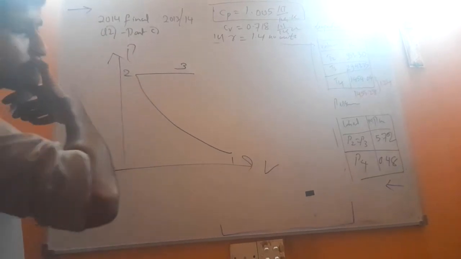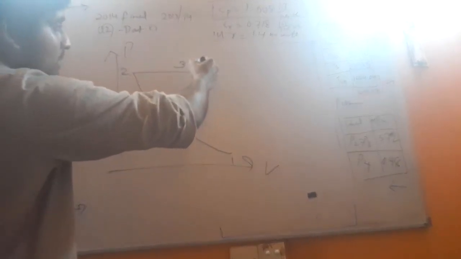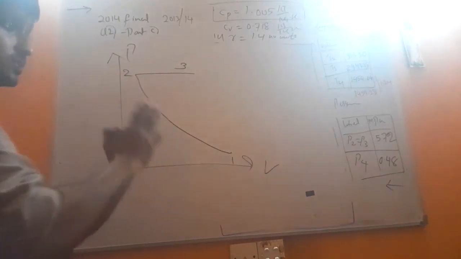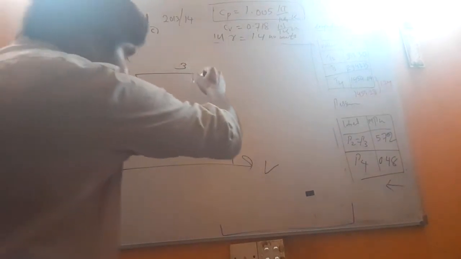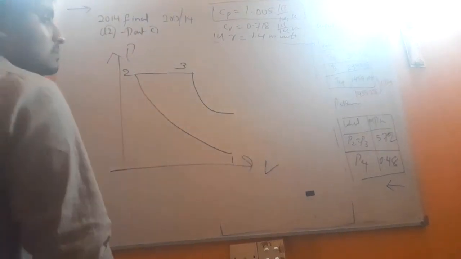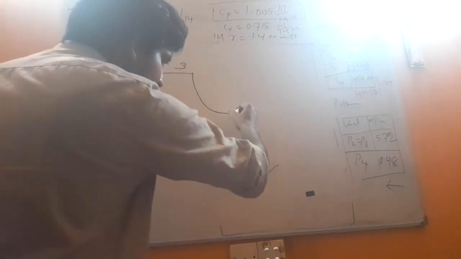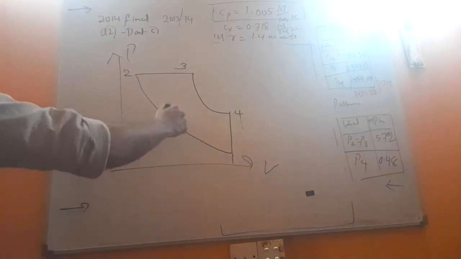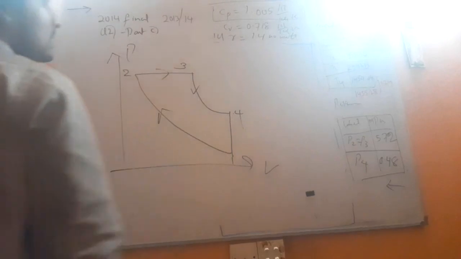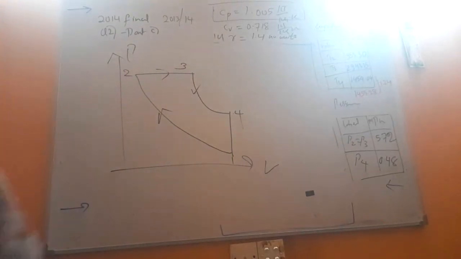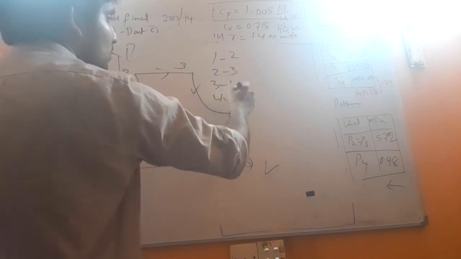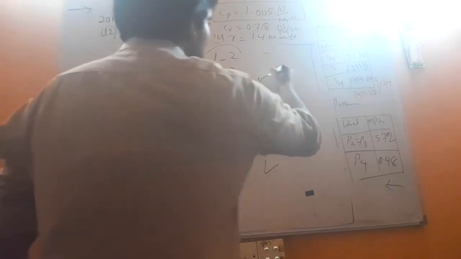Then you are going to expand, enlarge the volume, but that is also reversible adiabatically. And then constant volume heat rejection, 3 to 4, 4 to 1. So now you know what is 1 to 2, 2 to 3, 3 to 4, 4 to 1, how to deal with the relationships without memorizing, and how to find the cycle efficiency.